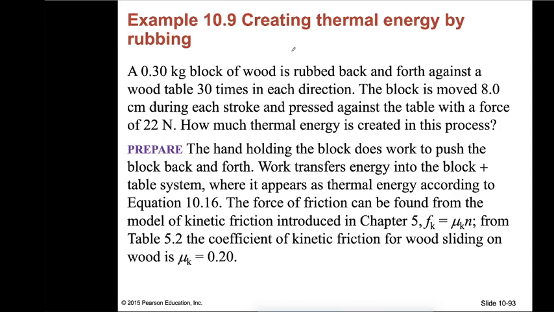Then this question becomes how much work has been done by the friction. So first we need to calculate the force of friction and then multiply by the displacement. Then you will get the work.